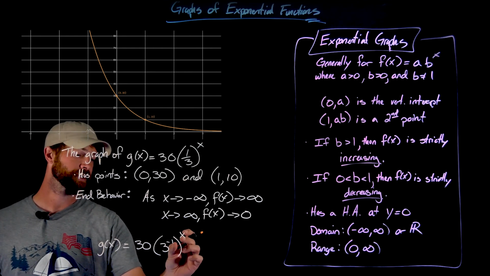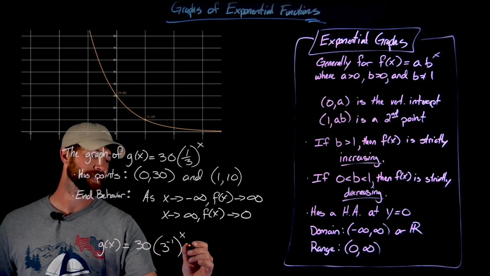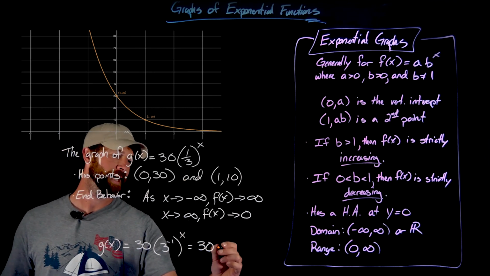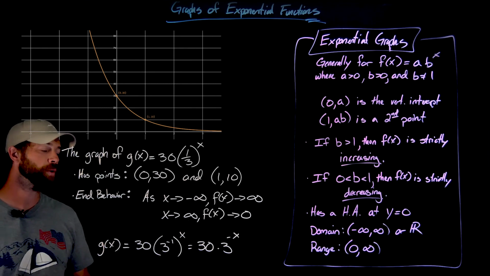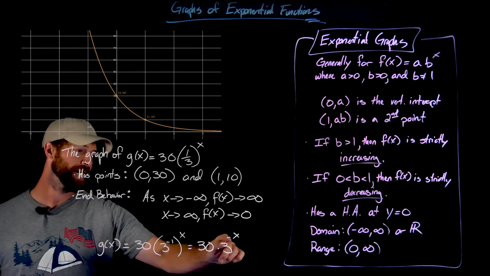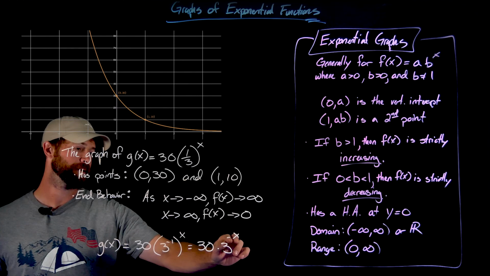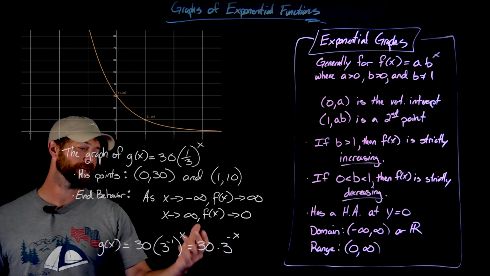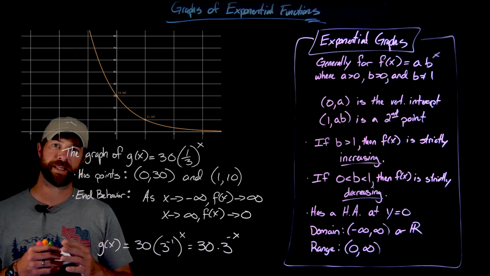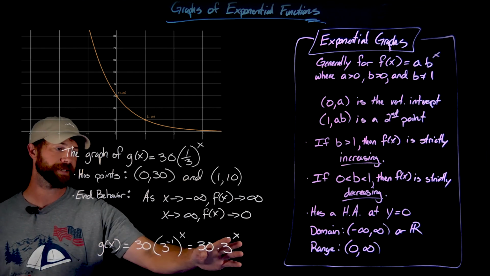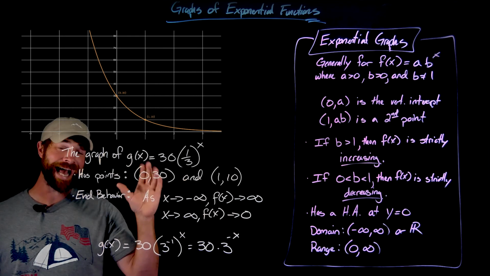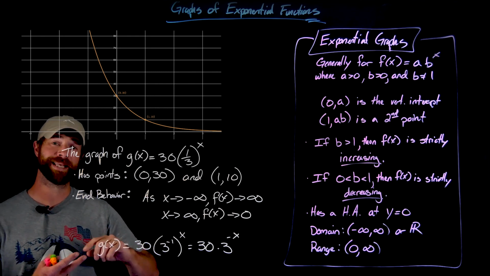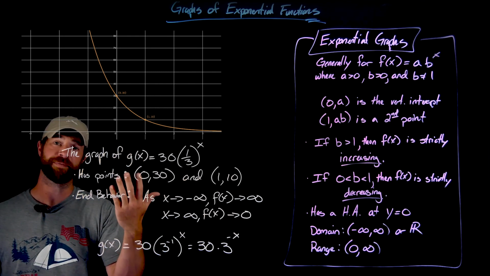Then I can use the properties of exponents to multiply these together, and what I get is a way of thinking about this as a horizontal flip. We have this negative being applied to the input here. If I was thinking about the function 30 times 3 to the x, that's clearly a growth. So if I didn't have a negative here, this graph is that graph of 30 times 3 to the x, horizontally flipped.